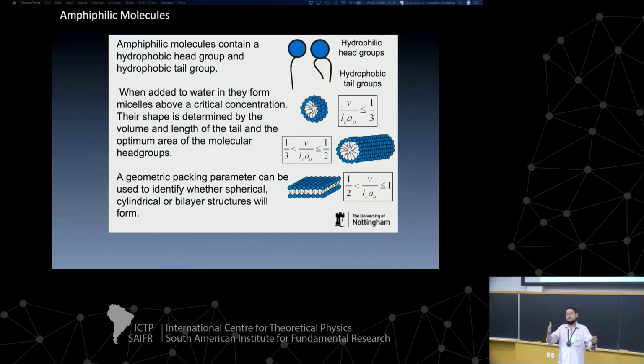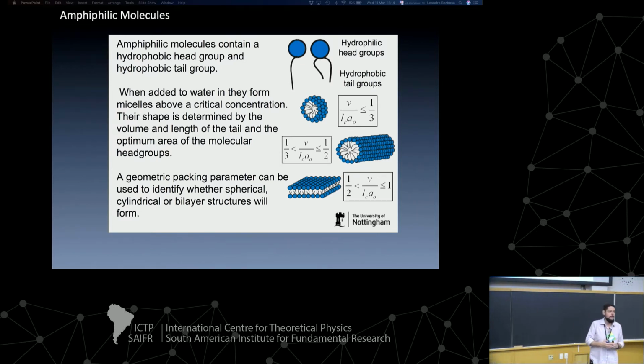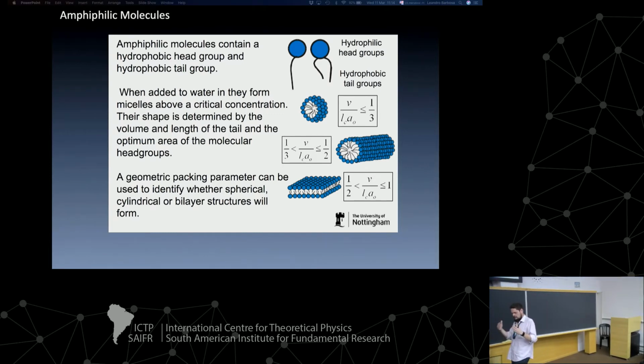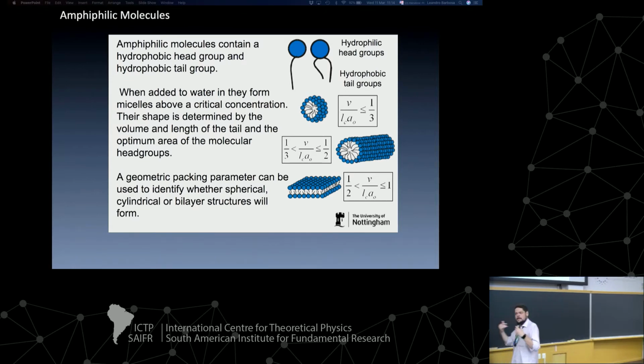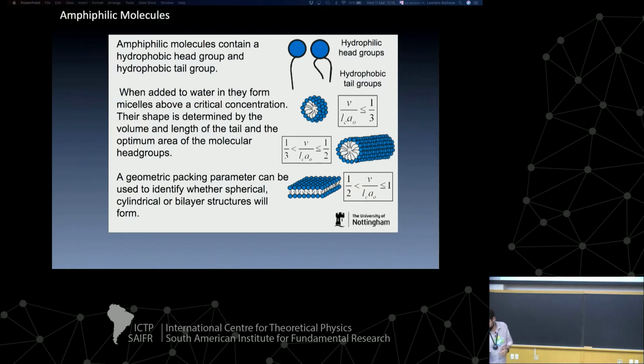So water does not like to be in touch with it, because water wants to make these hydrogen bonds every time. And you have the hydrophilic region, where water is able to make these hydrogen bonds, or it could even be, for example, a cationic or anionic polar group. It doesn't matter for us, but what matters is that water likes to be in touch with that region, and does not like to be in touch with the other region. Those are called amphiphilic molecules.